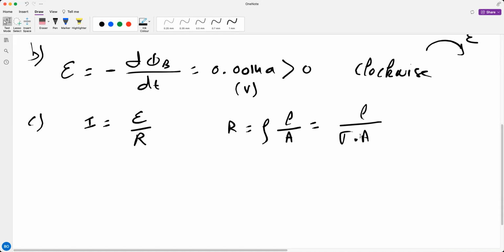Sigma is the conductivity, and the length is 2 pi R, divided by the conductivity and the area, pi r squared.